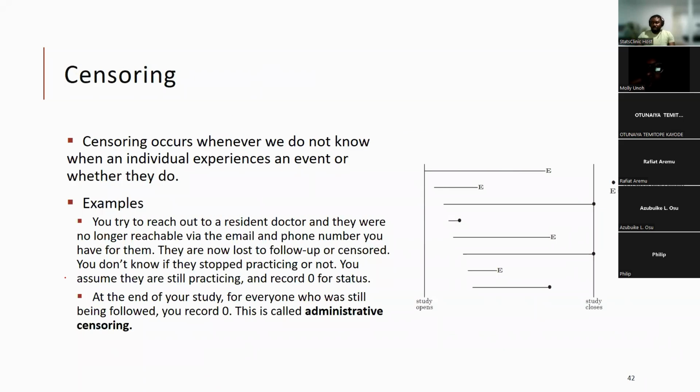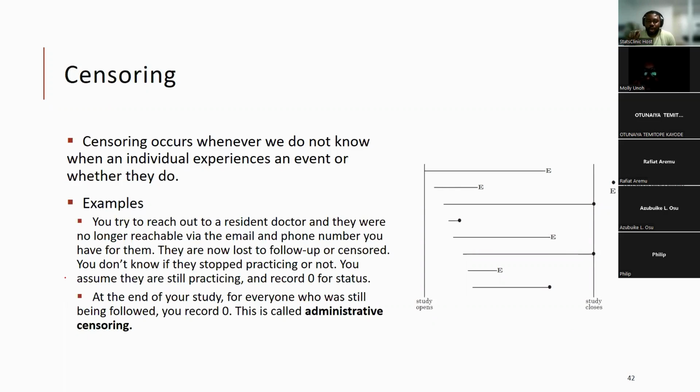The other thing we talked about was censoring. Does anybody want to give it a shot? Do you remember what we said censoring was? Censoring is when we don't know what happens to the person. Maybe we just lost contact or something. Yeah, excellent.